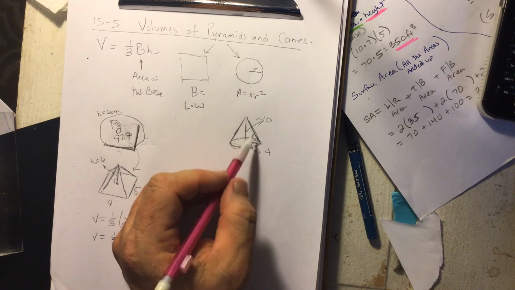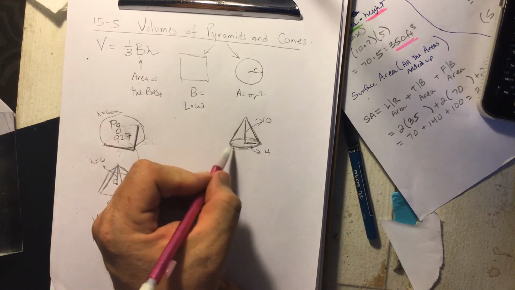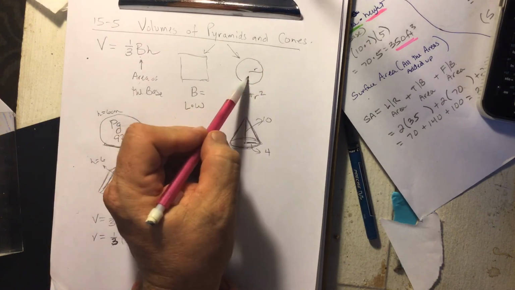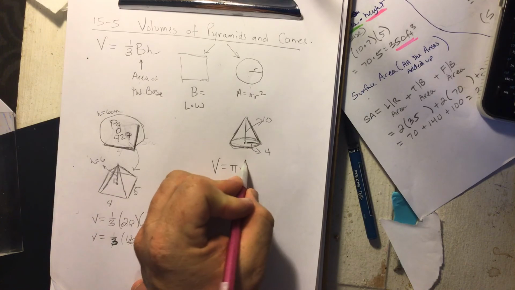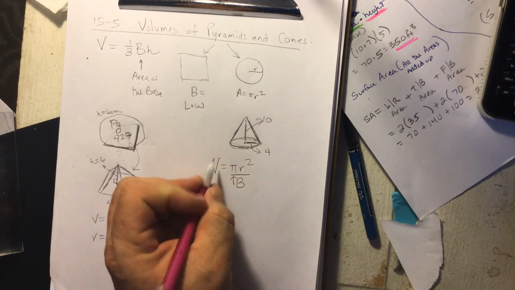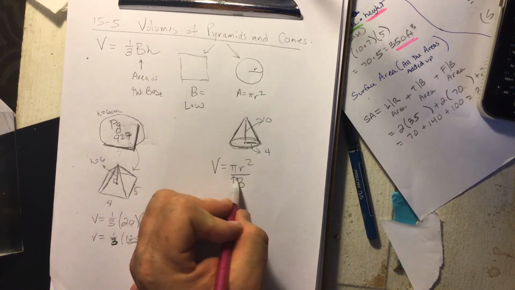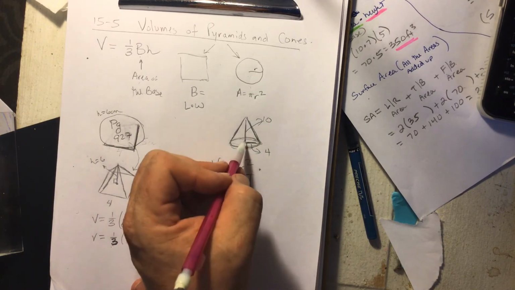So what we need to know now, though, is when we're dealing with a cone, we know that the bottom is a circle. So now we've got the area of a circle, which is pi r squared. That's our B, remember. It's not over B, so let me draw that like that so nobody does that. Times the height.